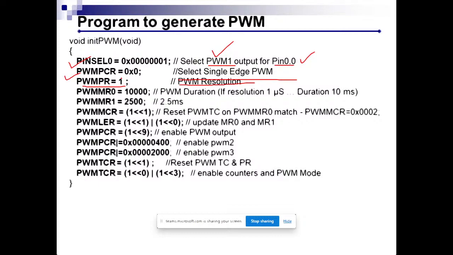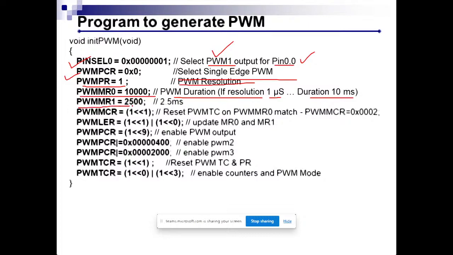In that case your PWM will not be that smooth. Then PWM MR0 equal to 10,000. That means the PWM duration is decided by this PWM MR0 register. So here the resolution is 1 microsecond and the duration is 10 milliseconds. So 1 means 1 microsecond is the resolution and 10 milliseconds is the overall duration of our pulse.